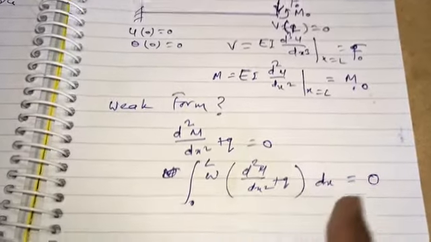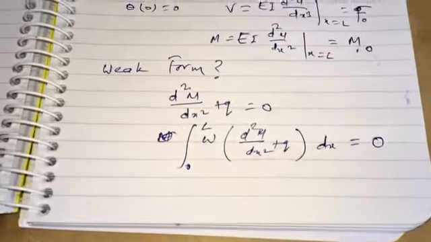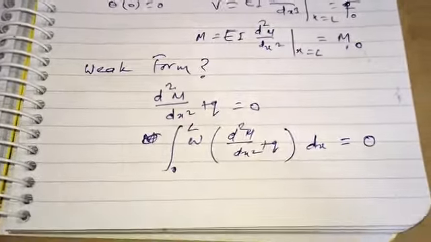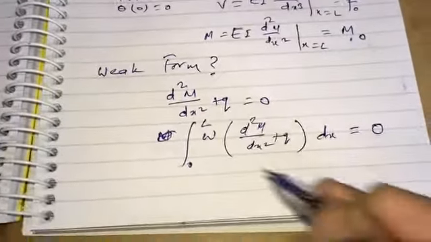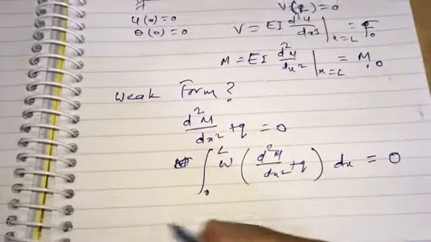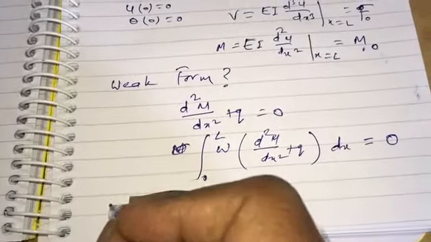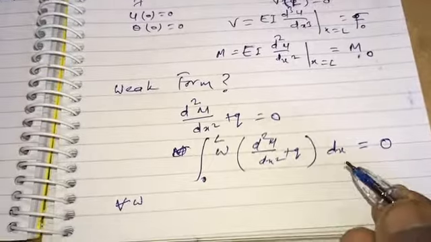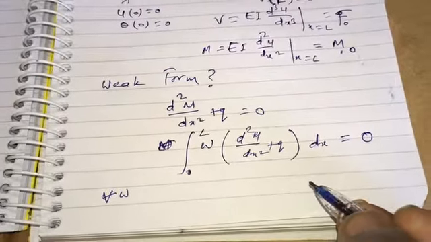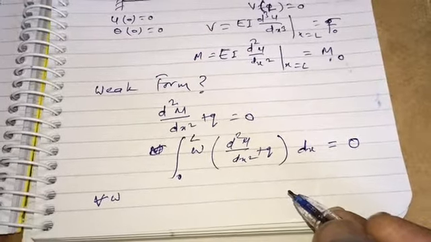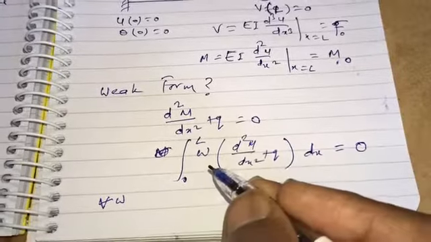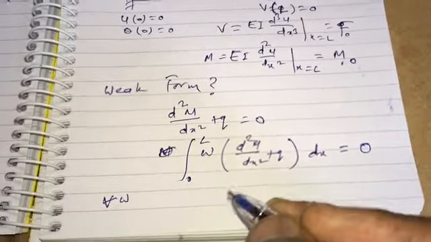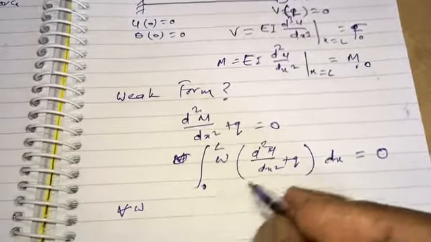Once we have this, the next thing is how to expand it further. Of course we have to know the property of w. And what is the property of w? This is valid for all w. W is any function which has to be kinematically admissible, meaning that it should have the required smoothness.